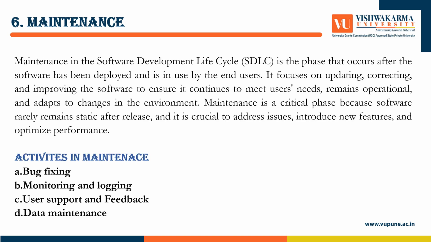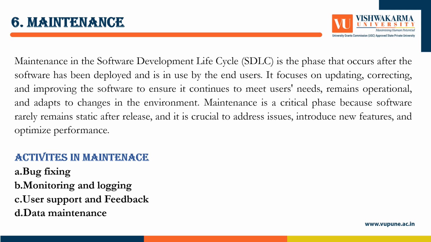The last is maintenance. Maintenance in the software development life cycle is the phase that occurs after the software has been deployed and is in use by the end user, and we just have to maintain it. It focuses on updating, correcting, and improving the software to ensure it continues to meet users' needs.